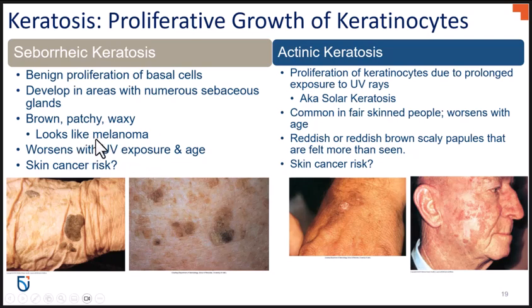It's very different. Seborrheic keratosis worsens with UV exposure and age, so you will likely see many of these lesions in people as they get older, especially in areas that are exposed to the sun. So in men that don't have hair, as they get older, they can develop these on their head, for example.